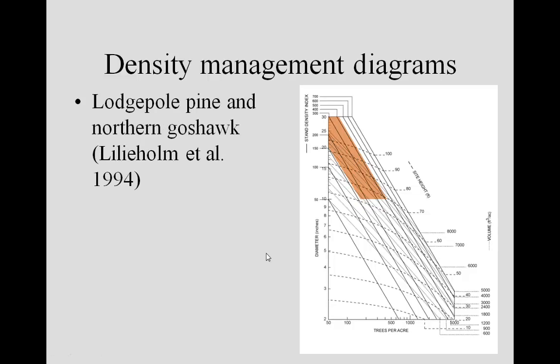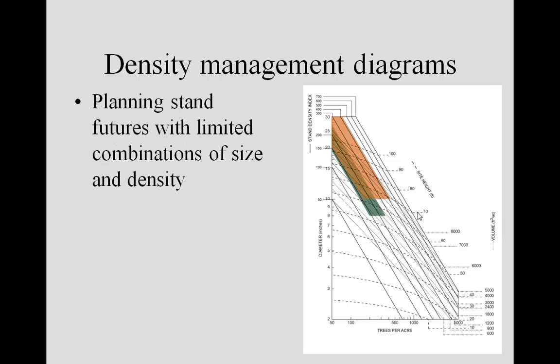Some other folks use the diagram to look at goshawk nest stands, and they said, well, the trees have to be greater than 10 inches on average, and they can't be too open, they can't be too dense. And so in this case, in planning for a goshawk nest stand, you wanted to be within that polygon.